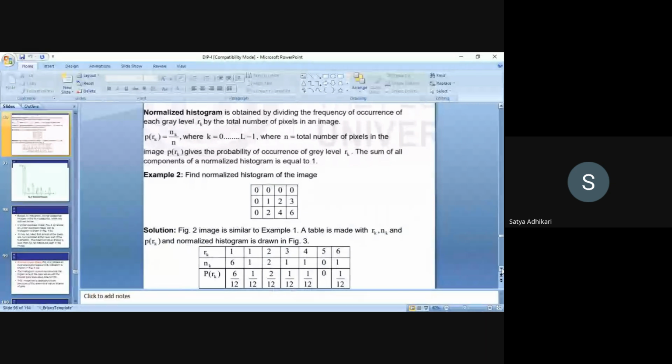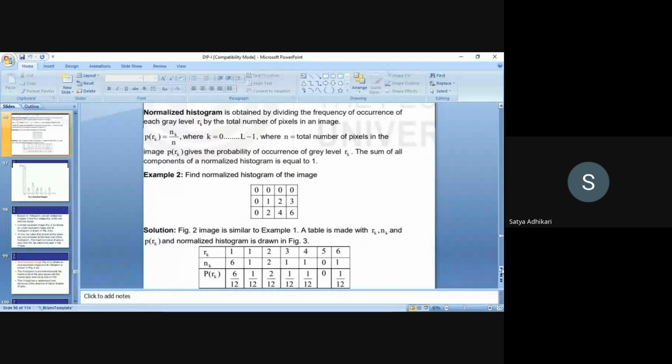Then the normalized histogram. It is obtained by dividing the frequency of occurrence of each gray level rk by the total number of pixels in the image. You can say it is a probability.